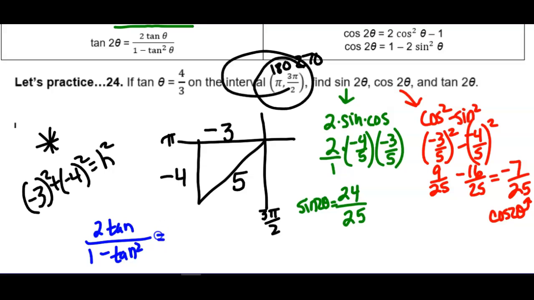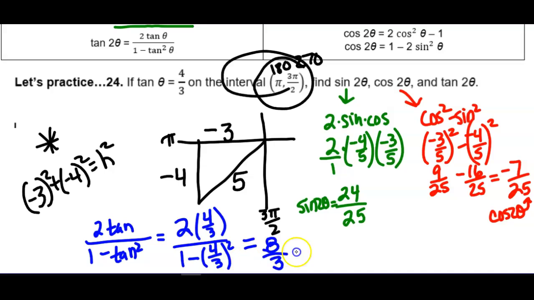I'm going to use our calculator here, but it's 2 times the tangent, which was 4/3, divided by 1 minus 4/3 squared. Okay, that gives us 8/3 on the top.